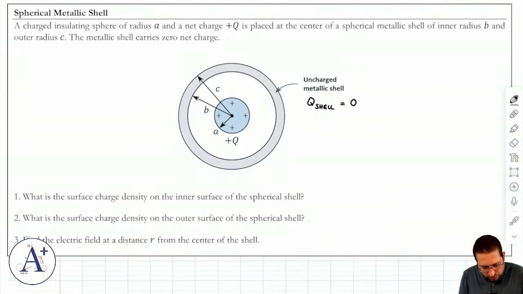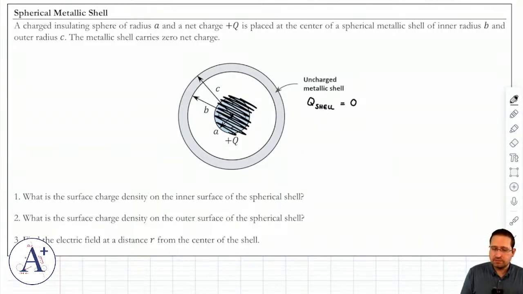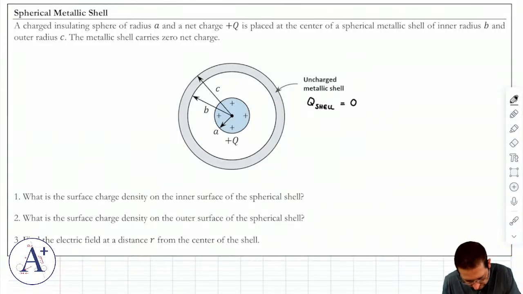Now, if you don't put anything in the center, that's it. There's nothing to talk about. But if you do, the positive charge in the center is going to attract the negative charges contained within the metallic shell onto the inner surface.